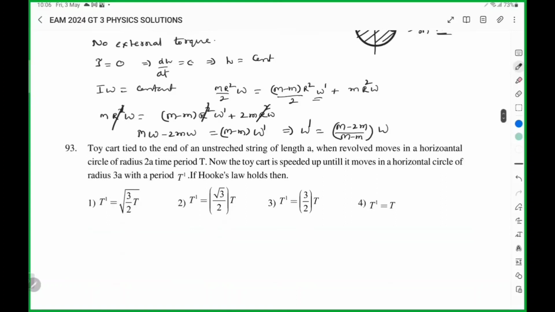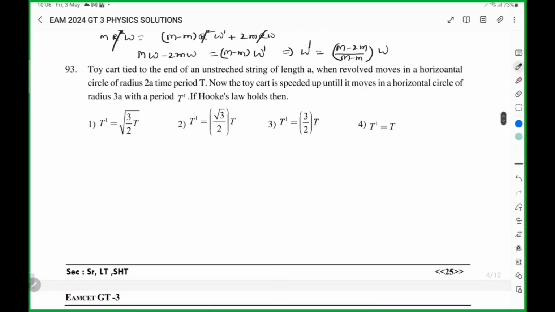Here a cot is tied to the end of an unstretched string of length a. When it revolves, it moves in a horizontal circle of radius.